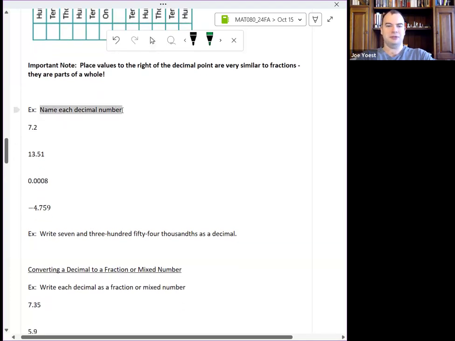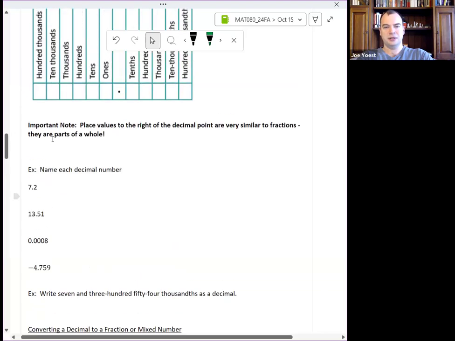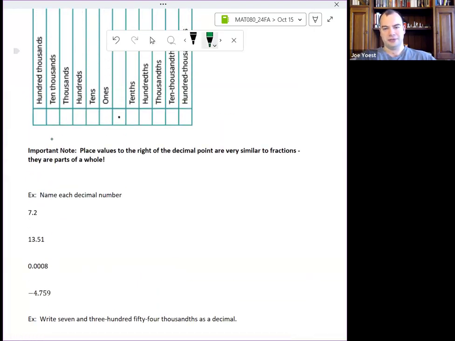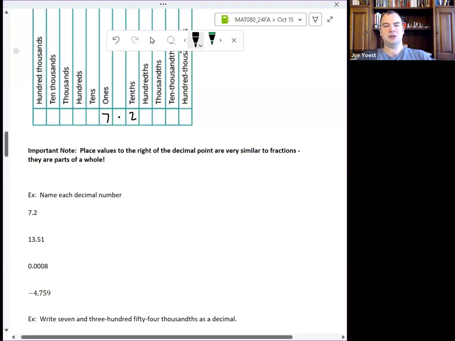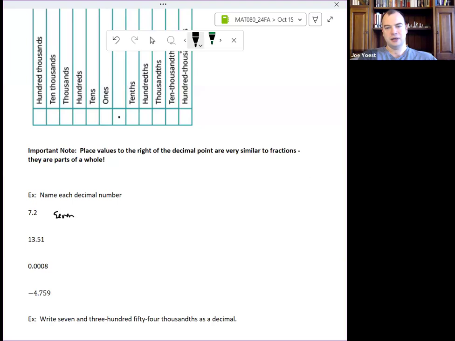Okay, so let's give the name of each of these decimal numbers. So 7.2, I have a 7 in the ones place and a 2 in the tenths place. So this would be 7. Now, how do we verbalize the decimal point? Well, if we wanted to stick with the book's way of doing it, it's 7 and the decimal point translates as "and".